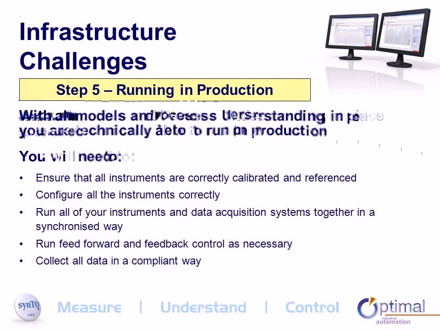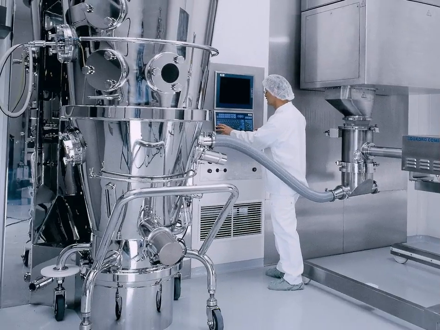And now that you have all your process and control models in place, together with your process understanding, you're able to run in production from a technical perspective. I stress technical because obviously regulatory is another issue. When you run in production, you will need to be able to ensure that all your instruments are validated, are calibrated, and are referenced correctly.